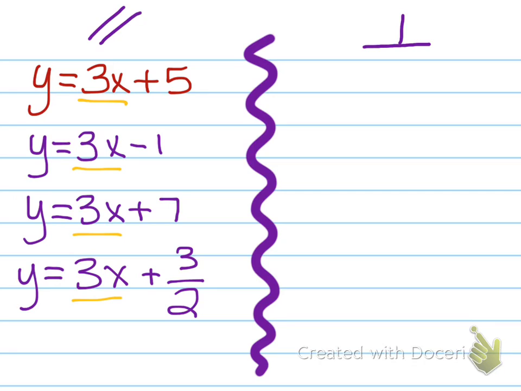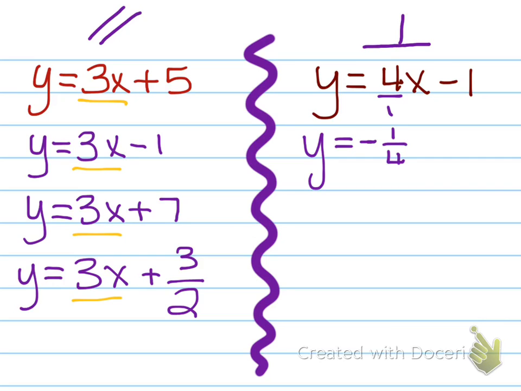So if I wanted to do a perpendicular equation, if I had y equals 4x minus 1, then you have to do a little bit more work with this, and you have to find one that is the opposite reciprocal. So the opposite of positive 4 is negative 4, and the reciprocal of 4 over 1 is 1 over 4.